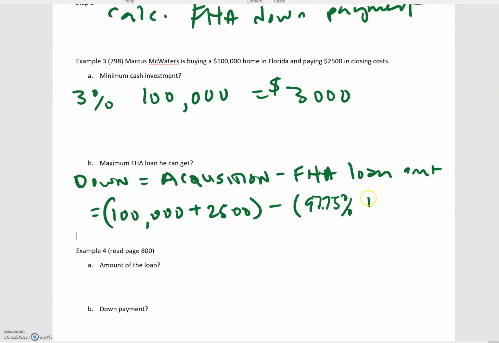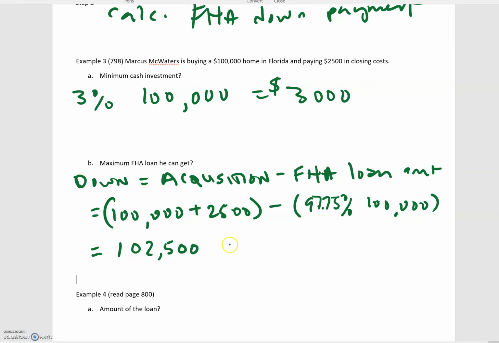Okay. So what that means is, to figure out Mr. McWaters' down payment, we would take $102,500, and we're going to minus his loan amount.